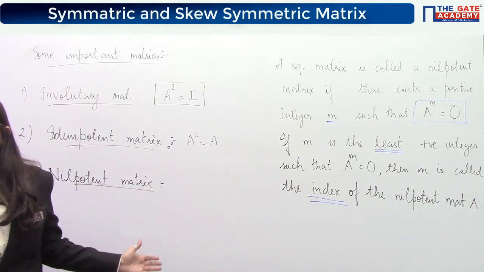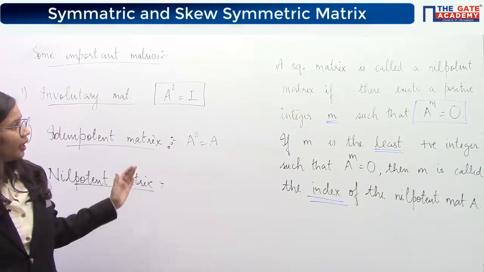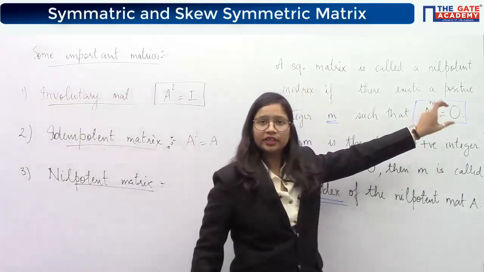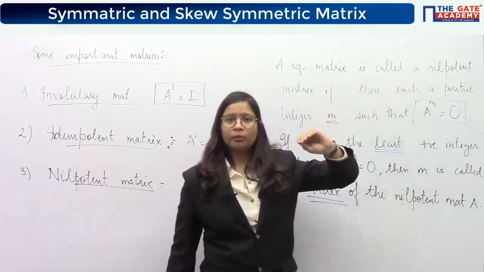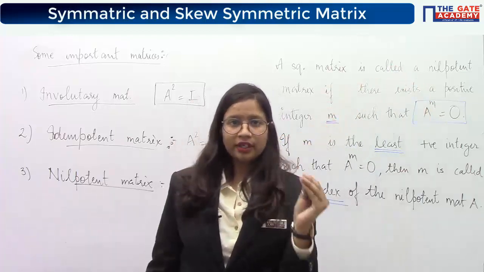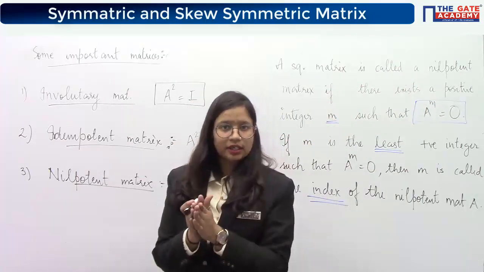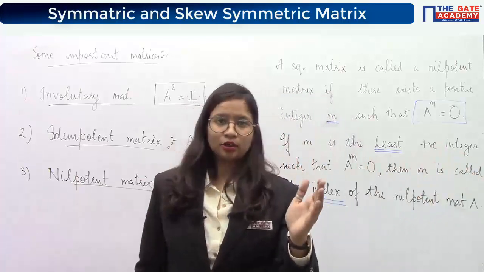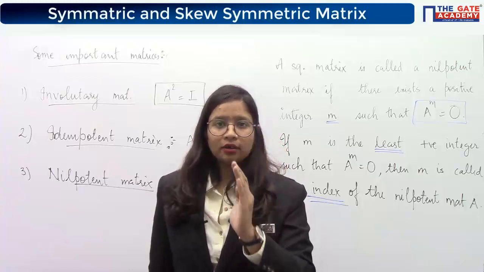So in all, what it is trying to say is that if you are multiplying a matrix A with itself m times and it is resulting into a null matrix, then that matrix is said to be the nilpotent matrix.